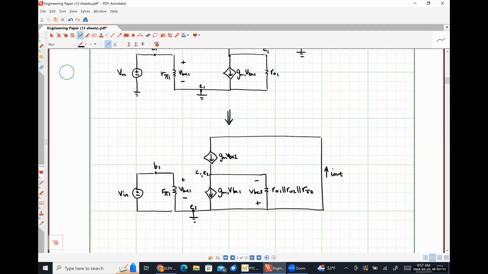And here's my output. So does anybody have any questions about this representation? Or does anything not make sense?